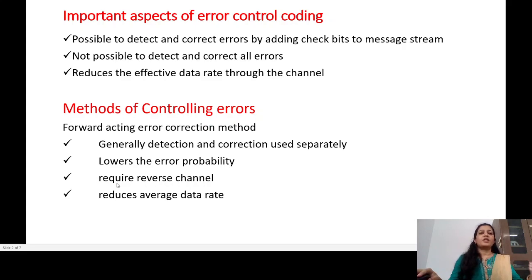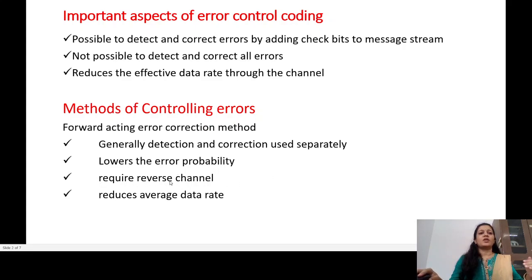And if we are opting for automatic repeat request, then we know that the receiver has to send a request to the transmitter through a reverse channel asking for retransmission of the same data because the received data has suffered an error. So for that request, the receiver will require a reverse channel.